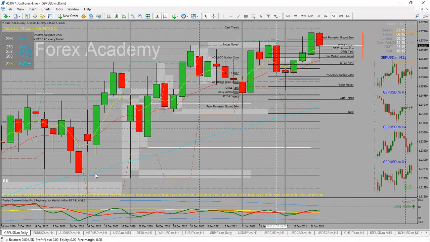And my value account. So in order to take trades for this coming week, this is what I do.